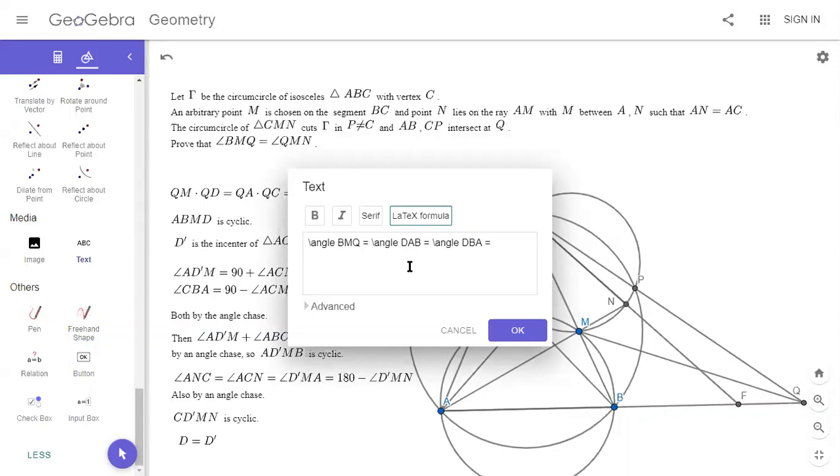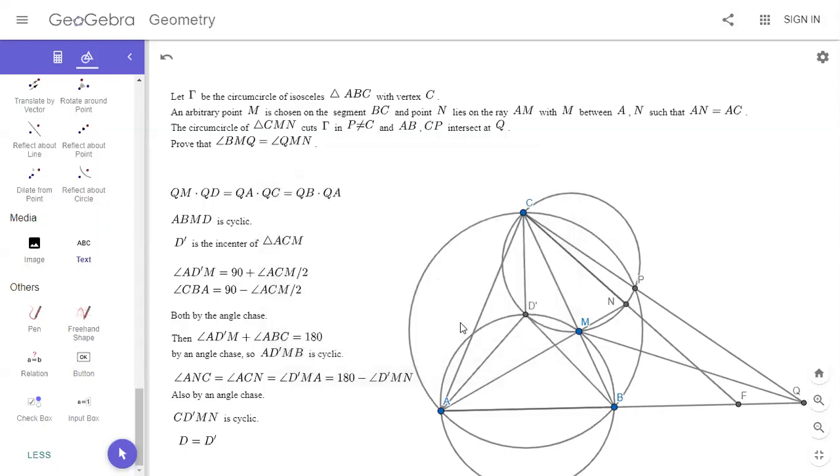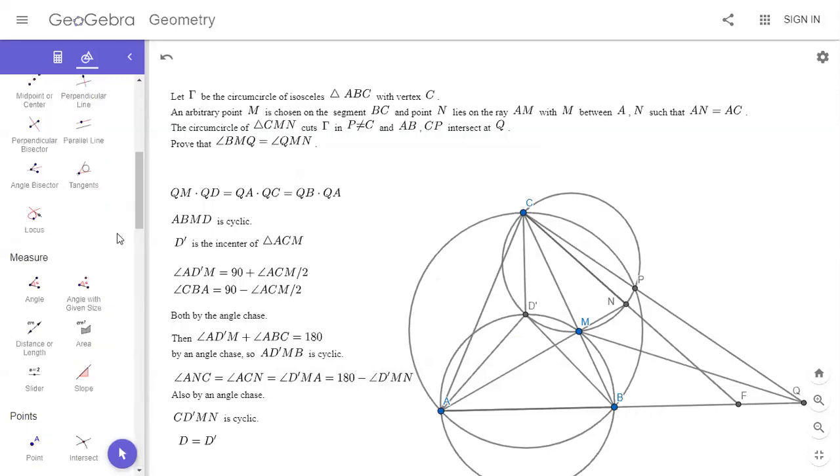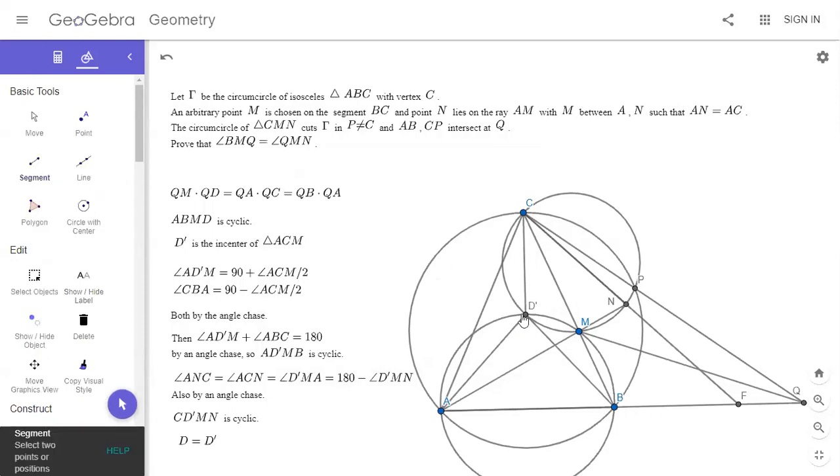Hold on just a sec. Yeah, let me just draw this segment in.